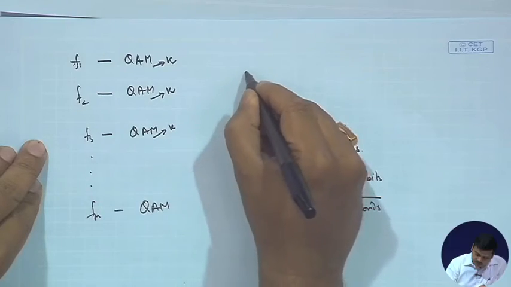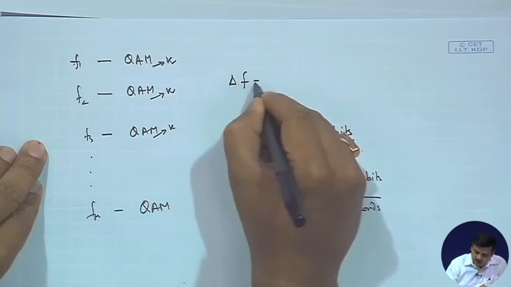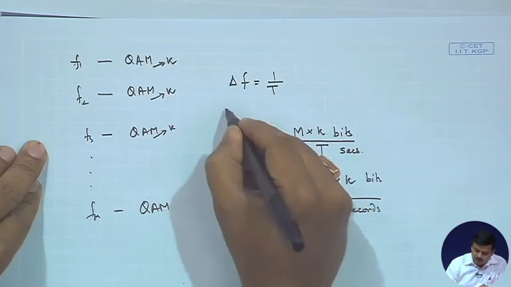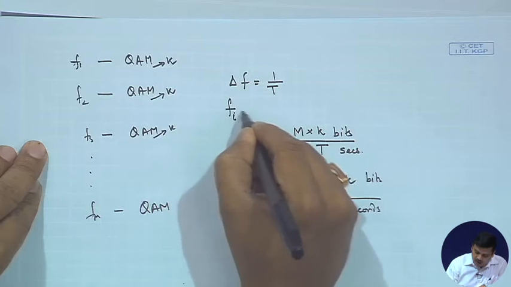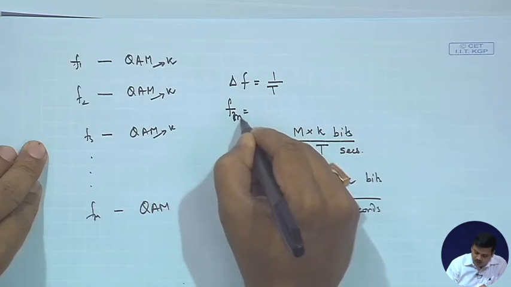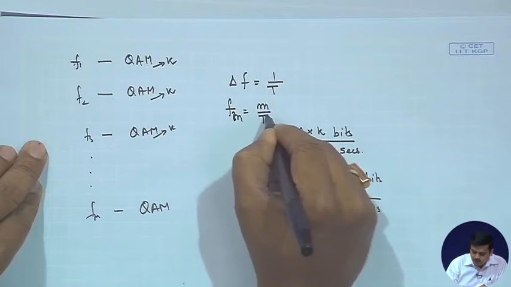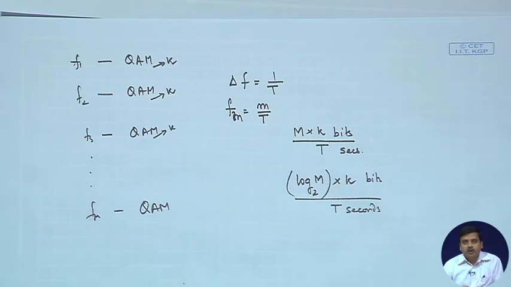So, now we have mentioned that we could do this provided the delta f is equal to 1 upon t. So, that means f small m is equal to m upon t, or you could say m plus 1 upon t to avoid the 0. That is not a problem, because 2 pi f c t carrier is there.